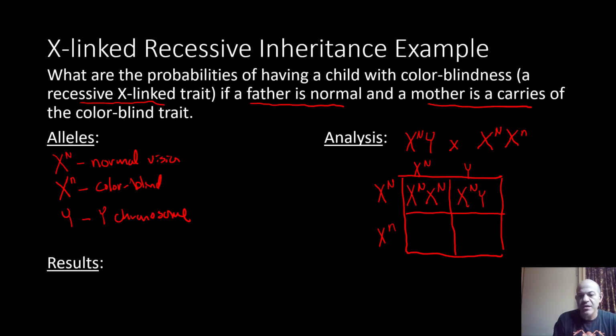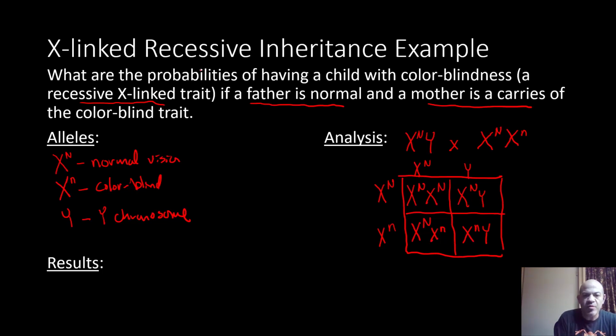Then over here we have our carrier, and she would have normal vision because she at least has one dominant allele. And over here you have a male with only one copy of that gene, and in this case it is the mutated colorblind gene.